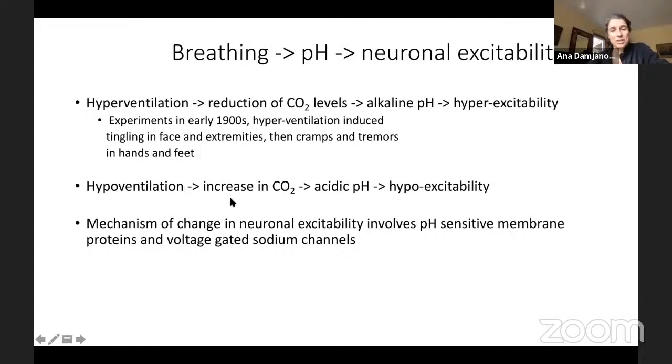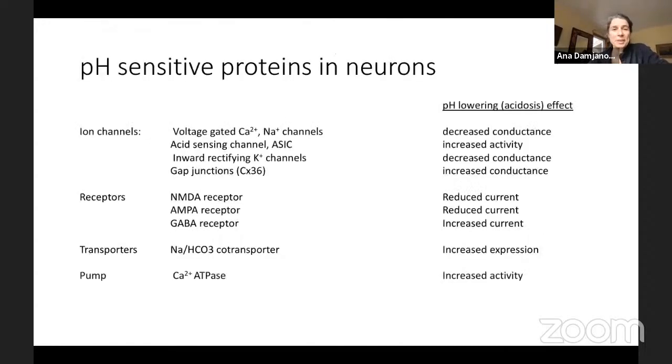While hypoventilation results in hypoexcitability. And the mechanism for this involves pH-sensitive membrane proteins, including our voltage-gated sodium channels. And this is just to show some pH-sensitive proteins in neurons, so there are a lot of them.